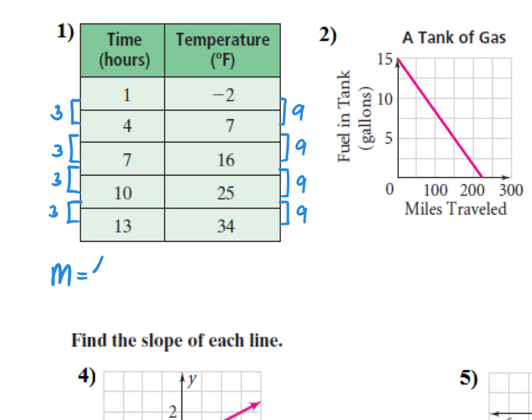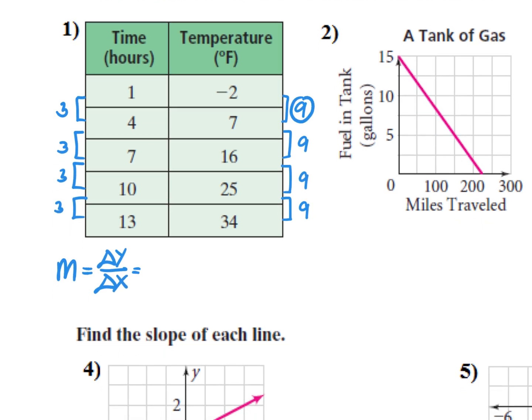The change in y, delta y, over the change in x, is the same as y2 minus y1 over x2 minus x1. But in this case, I first solved this one. So I'm going to say 9 degrees Fahrenheit divided by 3 hours. 9 divided by 3 gives you 3 degrees Fahrenheit per hour.